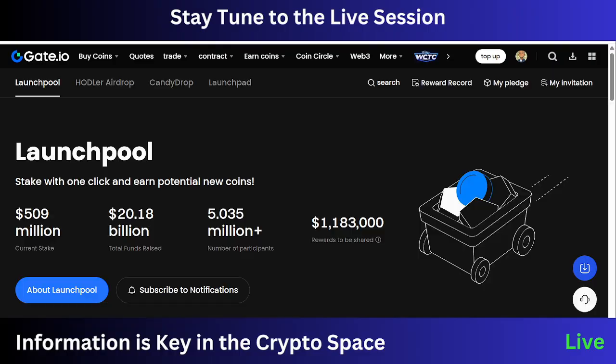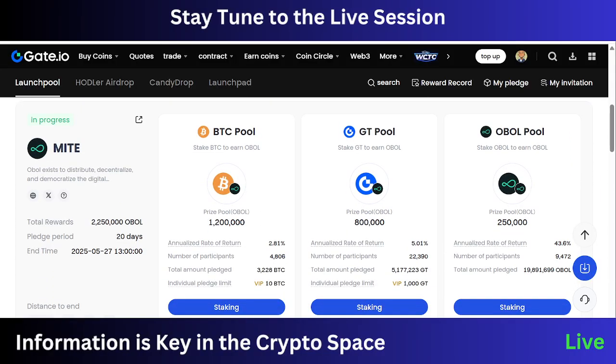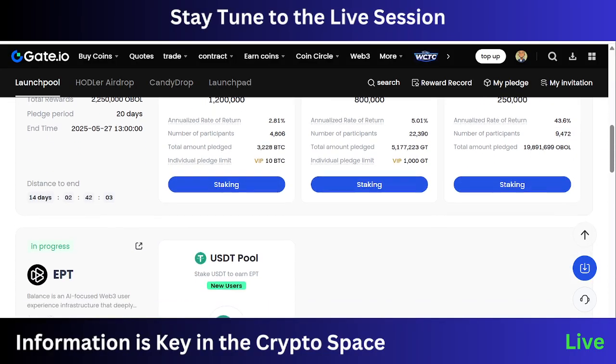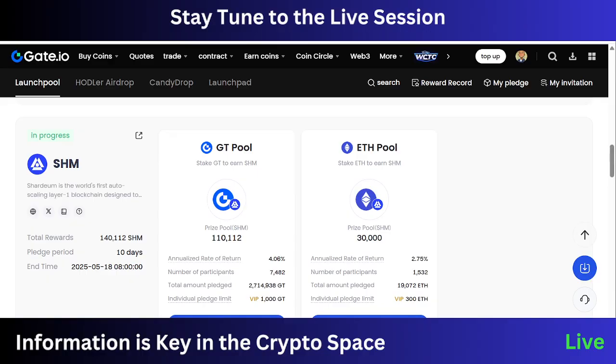So basically, we'll be looking all into it. It's one of the Launchpool tokens. This is it. You can see the Shardeum.